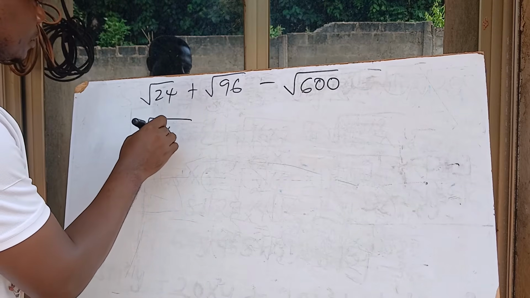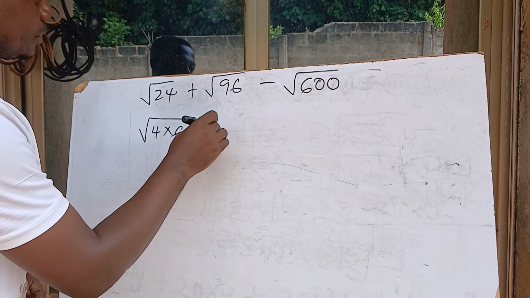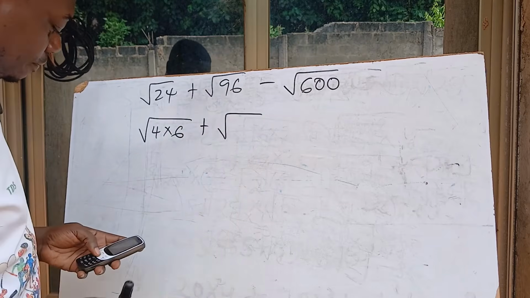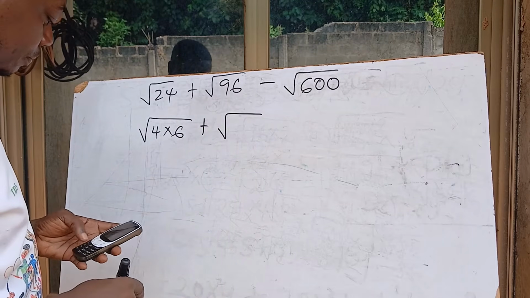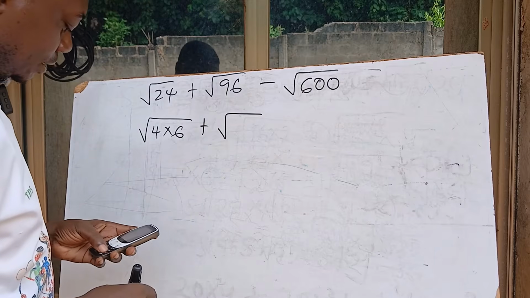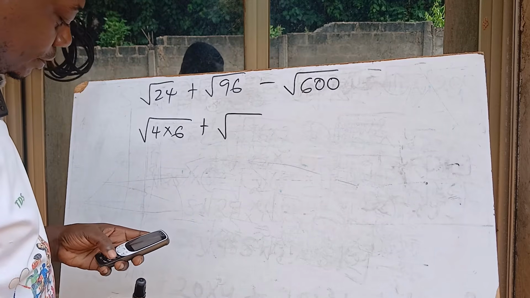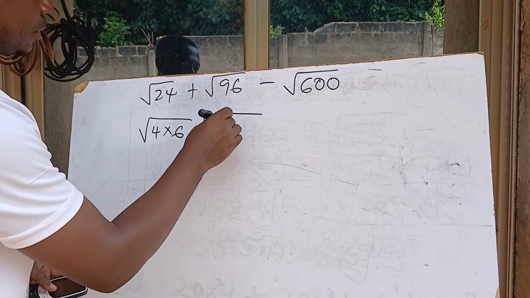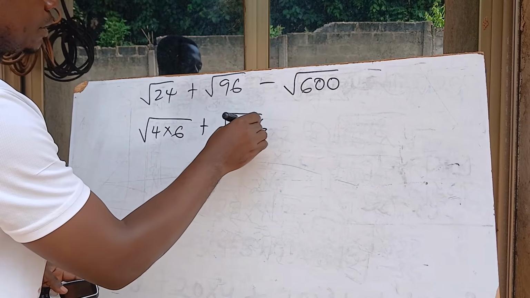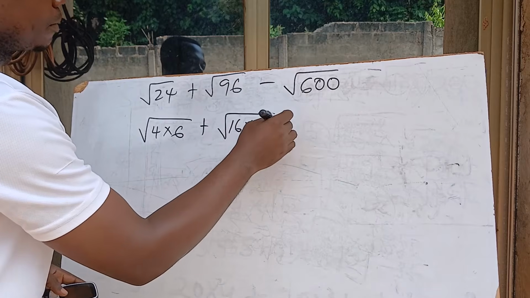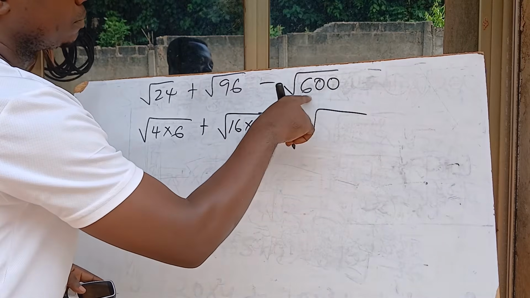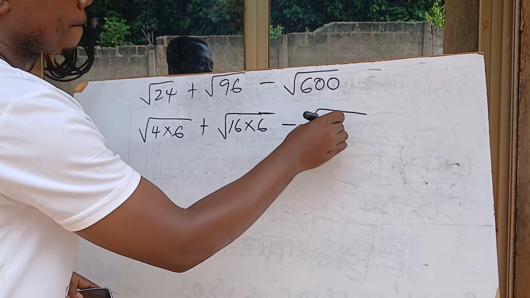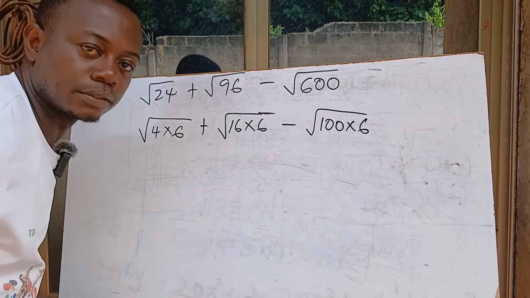So 4 times 6 plus. And when we divide 96 by 6, pick a calculator and let's divide together. That will be 16, minus, and 600 by 6 will be 100.